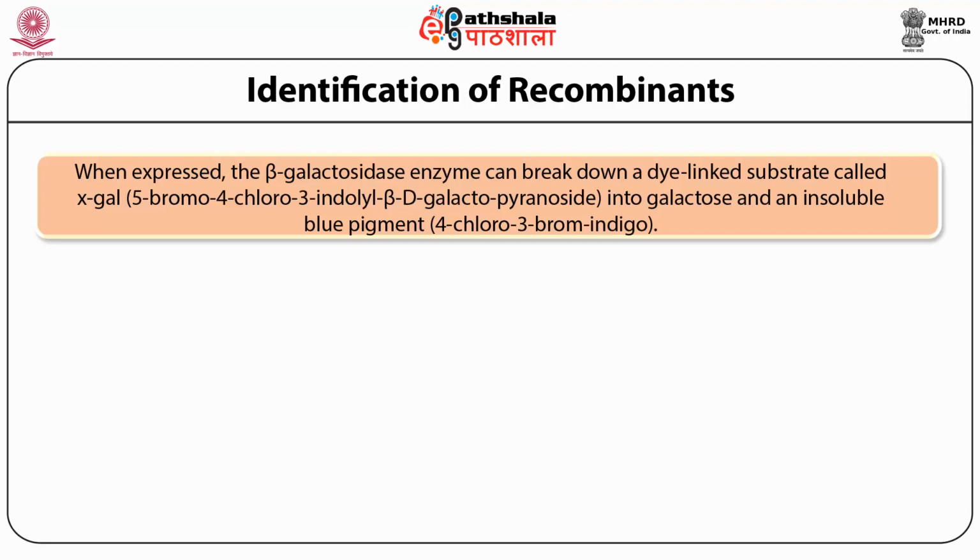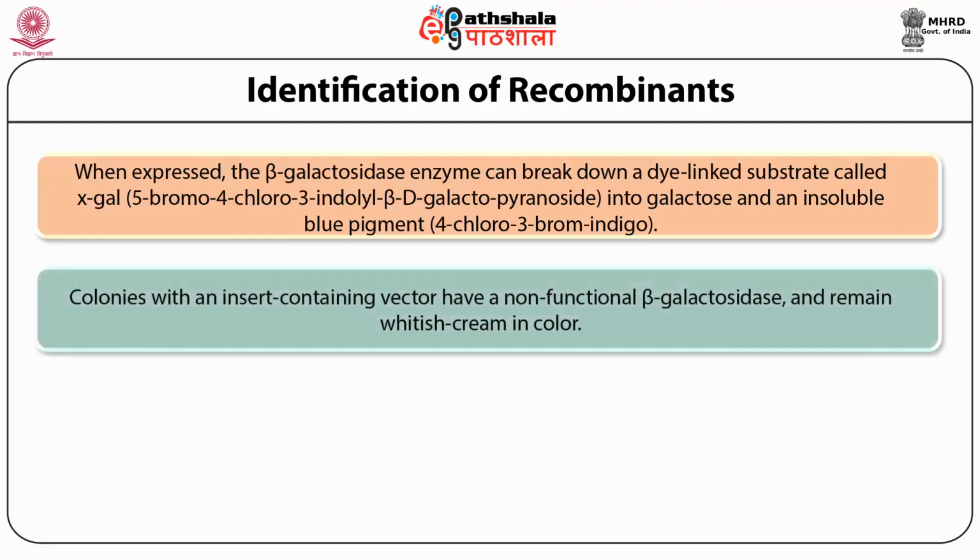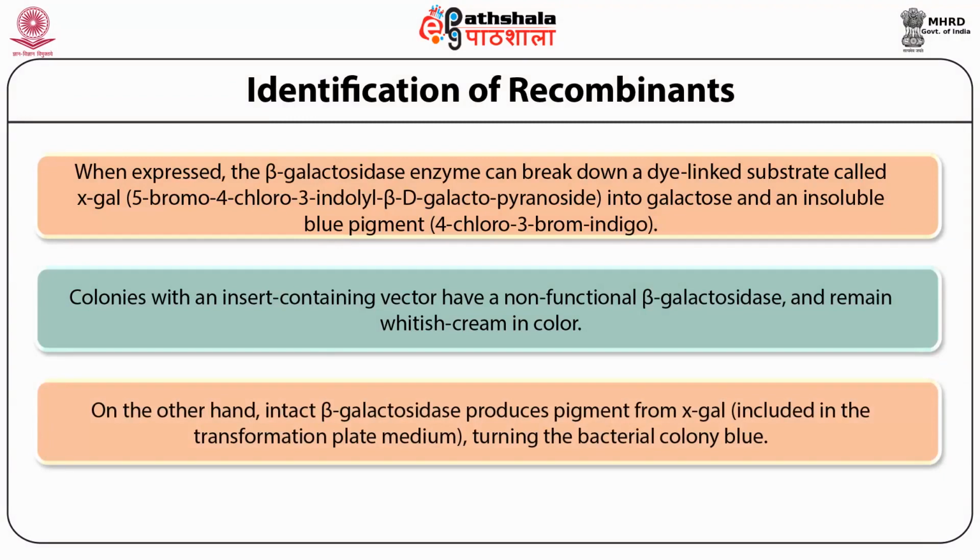Colonies with an insert-containing vector have a non-functional beta-galactosidase because it is interrupted by insertion of the DNA molecule. The gene is inactivated, so non-functional beta-galactosidase is produced. These colonies which receive this vector remain whitish cream in color. On the other hand, intact beta-galactosidase produces a pigment from X-gal included in the medium, turning the bacterial colony blue.